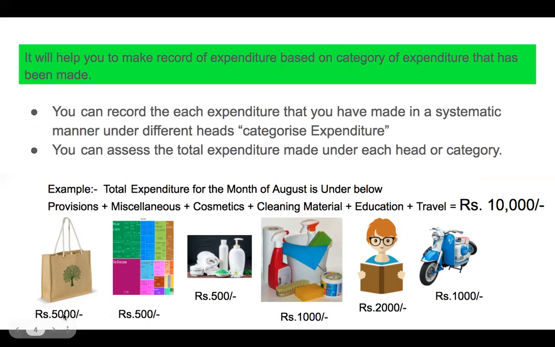From the 10,000, we have spent 5,000 for provisions, 500 for miscellaneous, 500 for cosmetics, 1,000 for cleaning material, 2,000 for education, and 1,000 for travel. So we get a clear-cut view of each expenditure with this method, and there will be transparency too.